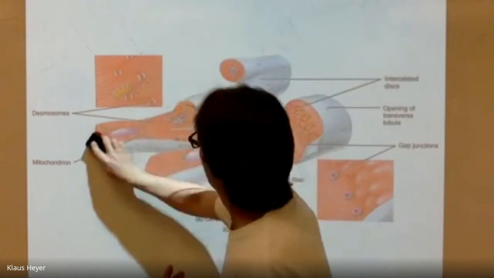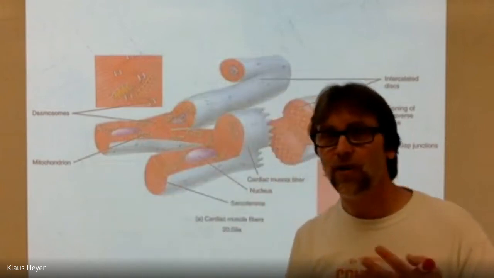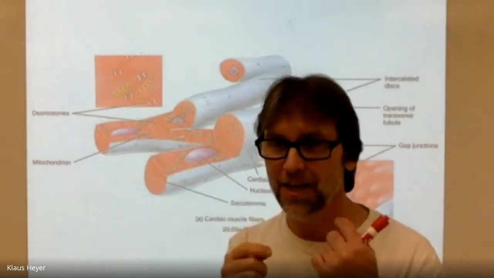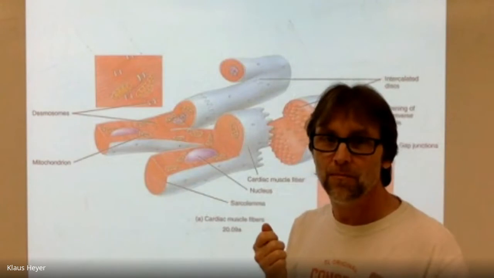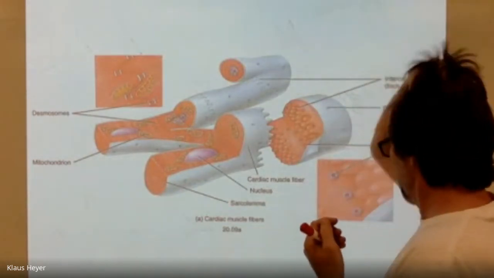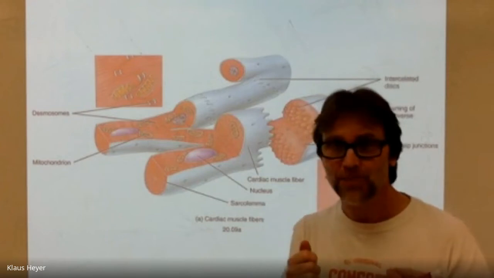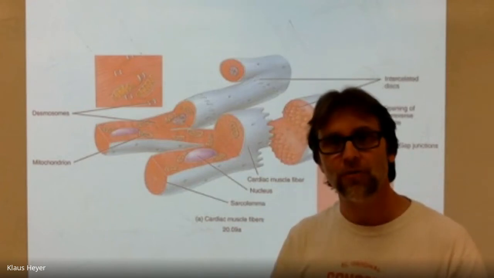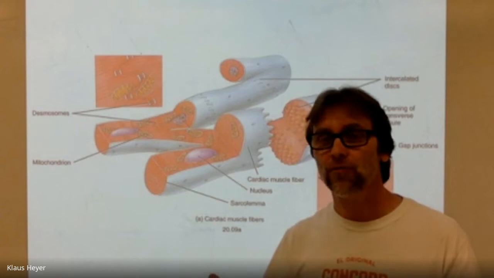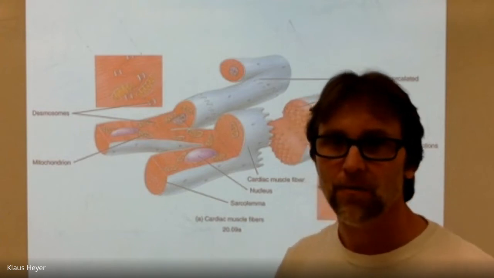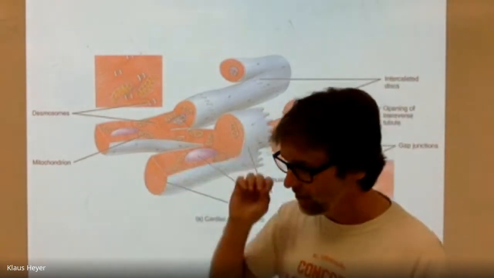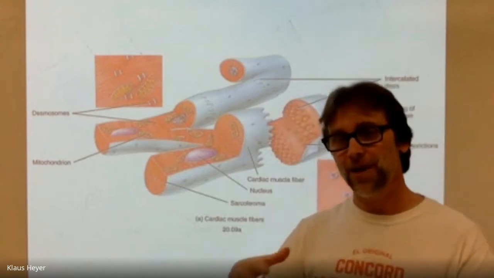For one, heart muscle is autorhythmic, meaning that it excites itself. It generates its own action potential, its own electrical impulse, right? Our skeletal muscles don't do that. Our brain has to generate it, and it has to go down through neurons and make its way to wherever it's going.